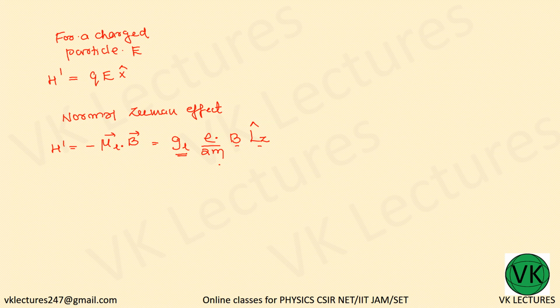Now for the anomalous Zeeman effect, H' is equal to (Gj e / 2m) B Lz.